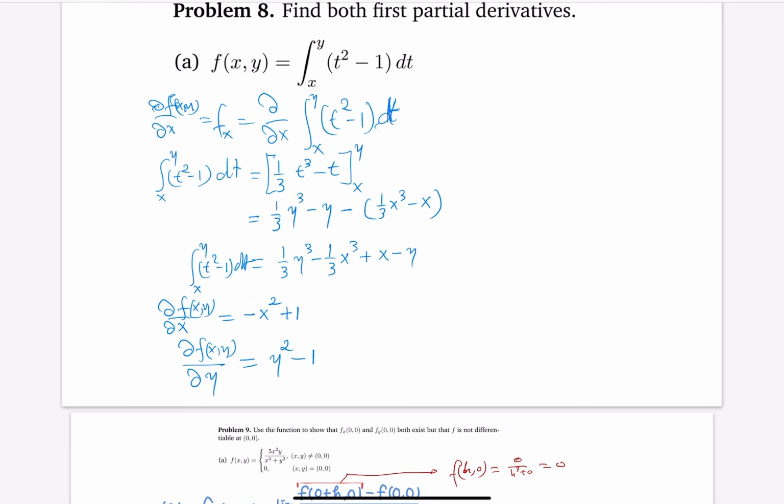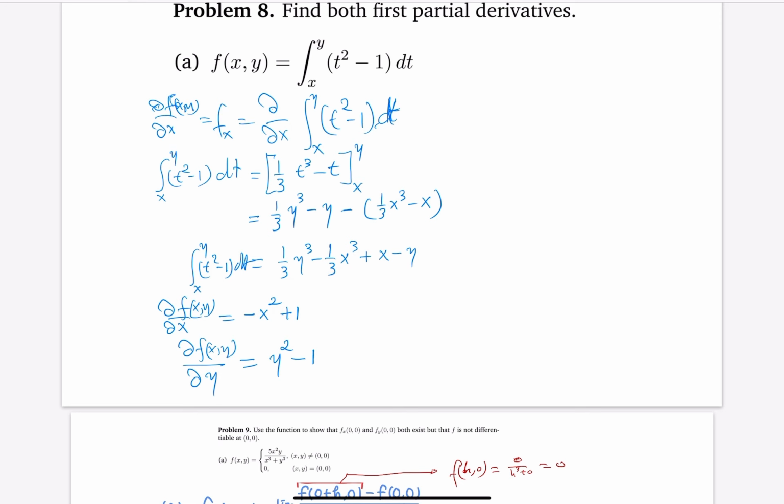So now you can take the partial derivative of f with respect to x. Any y you see here or real numbers, take it as a constant. If you take the derivative of the constant, it is 0. This one is 0. If you take the partial derivative with respect to x, this one is 0. This one is 0. So with respect to x only, you have this one and here.